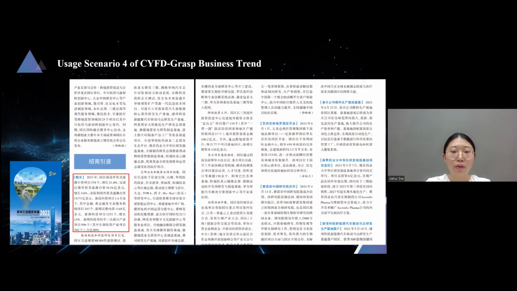And the actual utilized foreign capital and Hong Kong, Macau, and Taiwan capital amounted to $1.973 billion. High-end manufacturing and scientific research and development projects have been introduced one after another. Knowing this information is helpful for enterprises to grasp business trends and analyze market competitiveness.